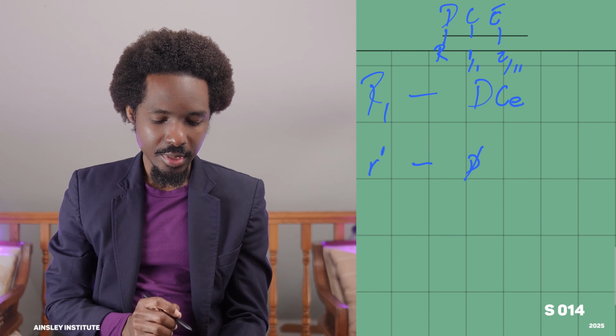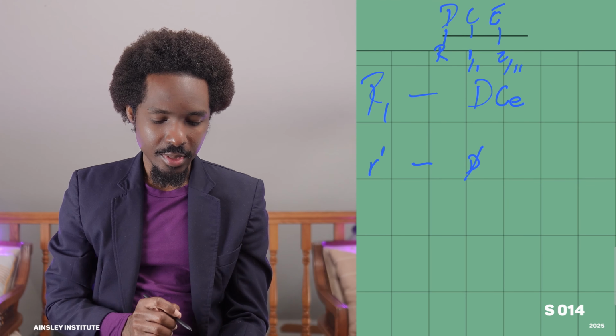Now, let us do another. We have big R and we have 0. What would this indicate? The big R indicates that D is there. So we have D, but we have 0. We never saw 0 before. We didn't hear about 0.